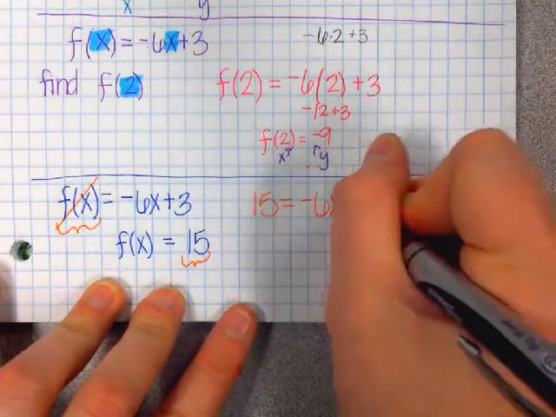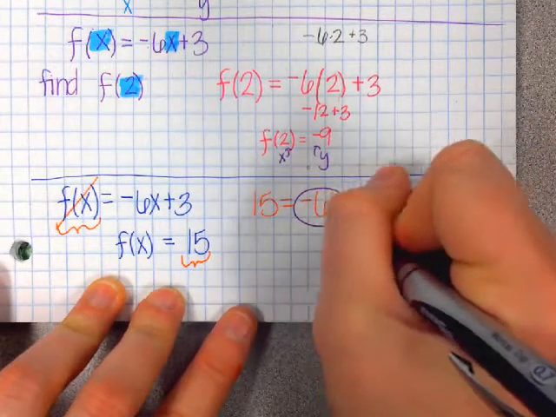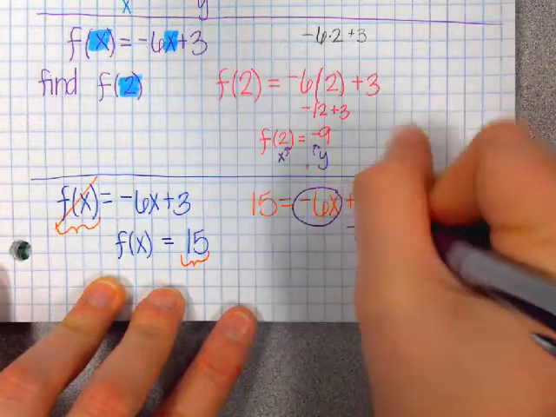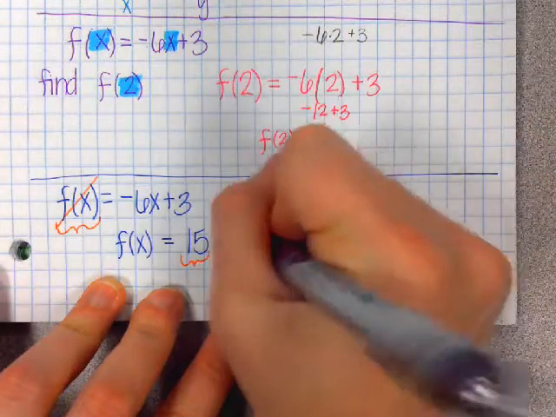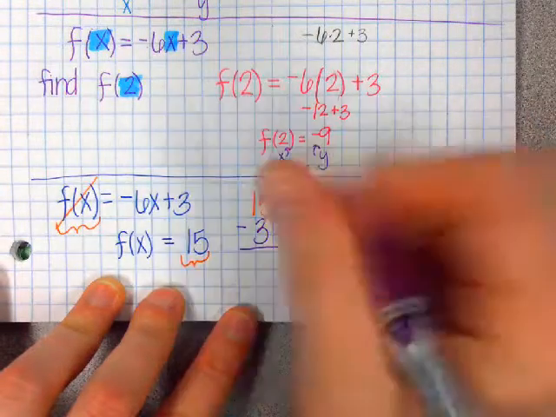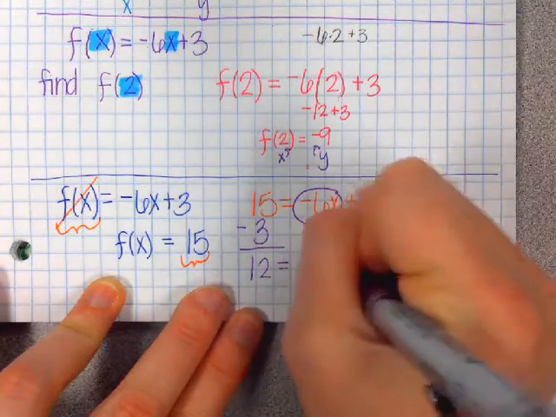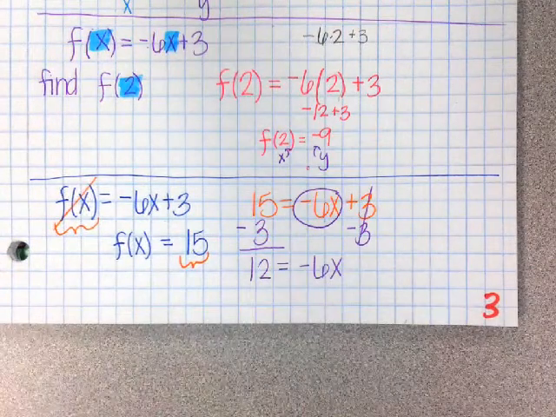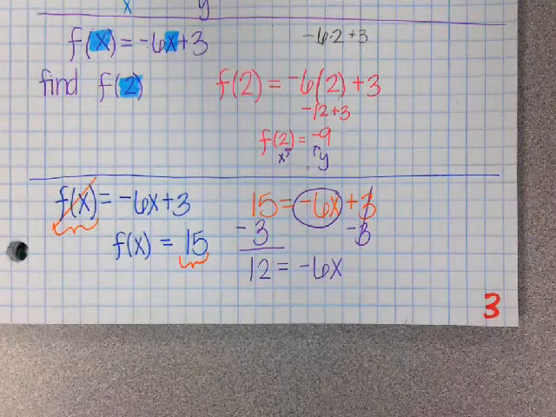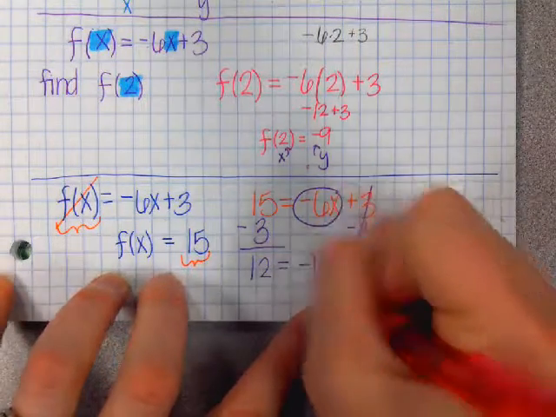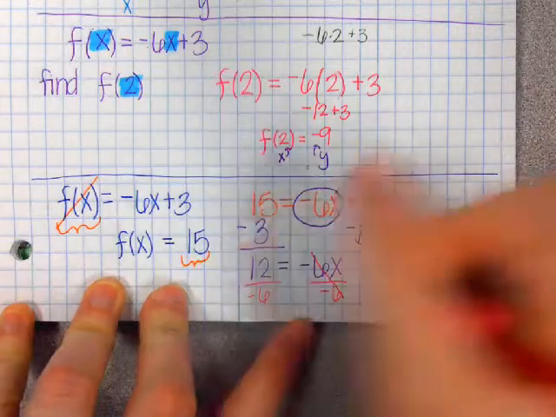Okay? Now, you guys have been solving for a while, so now circle your variable. The opposite of add 3 is subtract 3, and subtract 3. 15 minus 3 is 12, equals negative 6x.